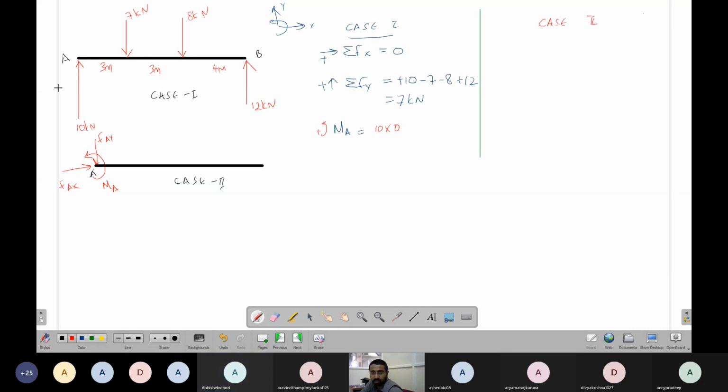Clockwise. So it is plus or minus? My anti-clockwise is plus. Minus. So it is minus 3 times 3. Next, minus 8 into 6. Next, plus 12 into 10. Quickly calculate the value and tell me.